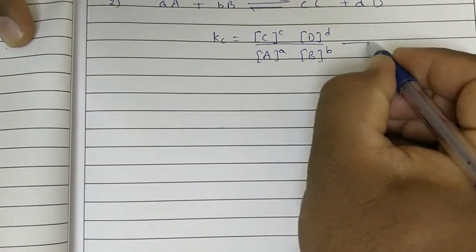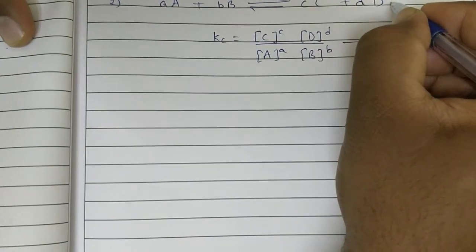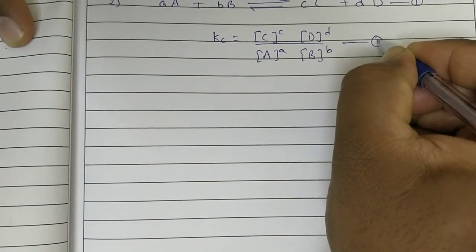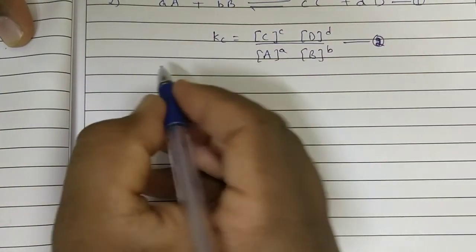Okay, this is equation 1. Now this is equation 1 and Kc formula I am writing as equation 2.